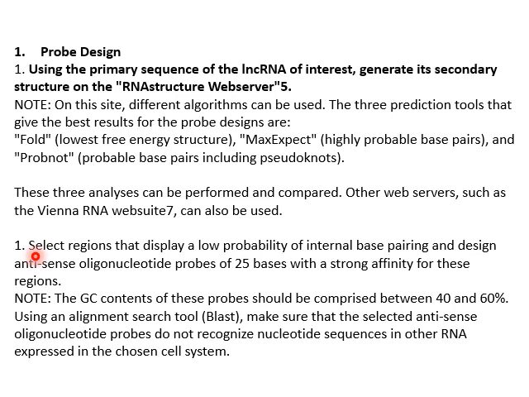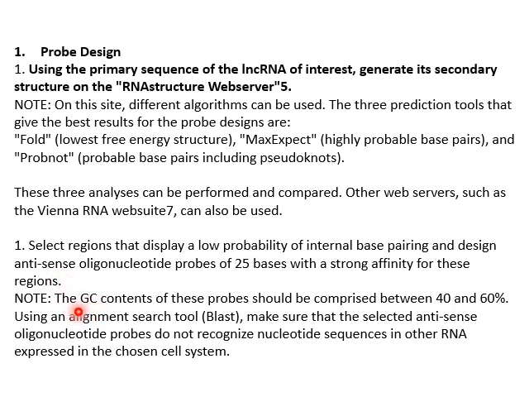But we have to pay attention to the following things. First, we have to select the region that displays low probability of internal base pairing and design an antisense oligonucleotide probe of 25 bases with a strong affinity for these regions.